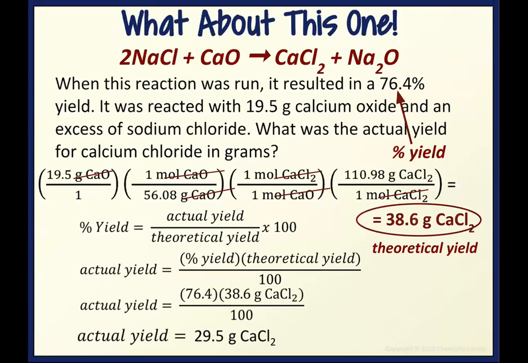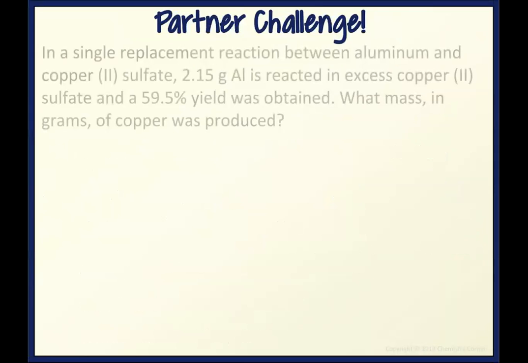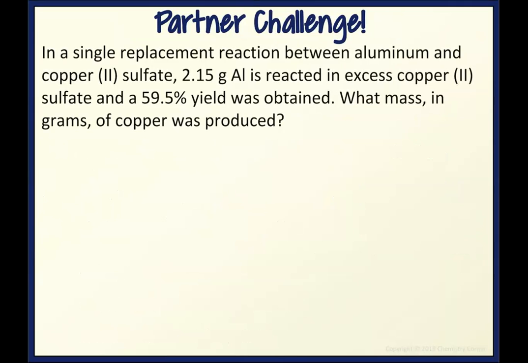All right, there are two more problems here for the notes. Partner challenge. In a single replacement reaction between aluminum and copper 2 sulfate, 2.15 grams of aluminum is reacted in excess copper 2 sulfate. Okay, that means we're not dealing with the copper 2 sulfate, and a 59.5% yield was obtained.